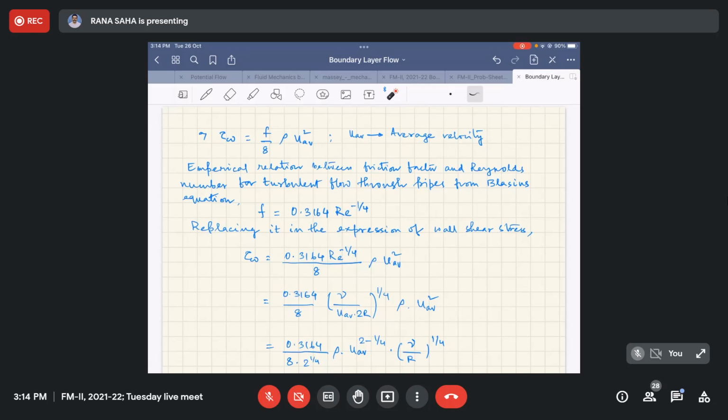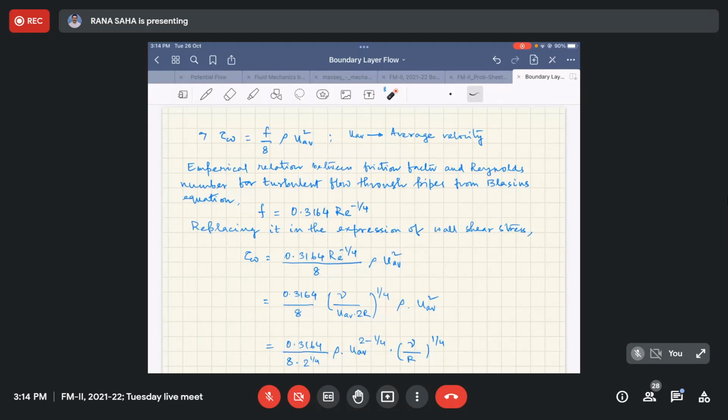So this F can now be replaced using Blasius's equation. So in this exercise, we have two experimental findings: one is Darcy's equation, the other is Blasius's equation, which we are applying for flow through pipes till now.